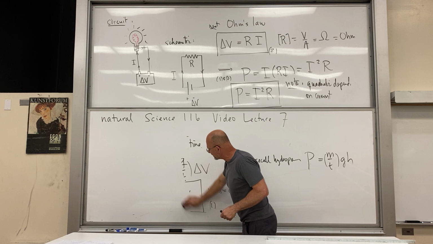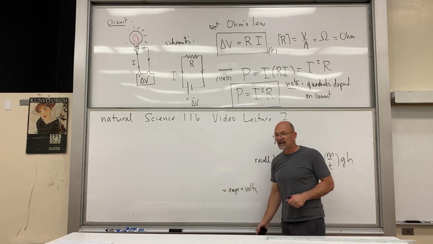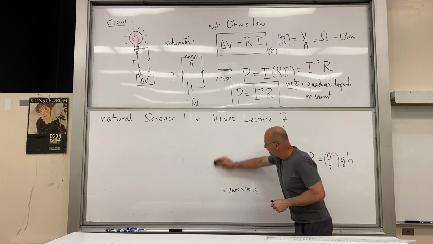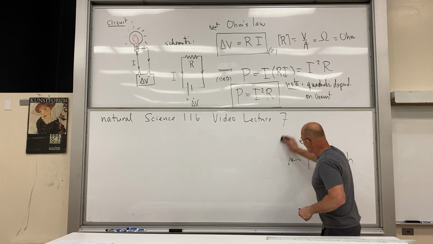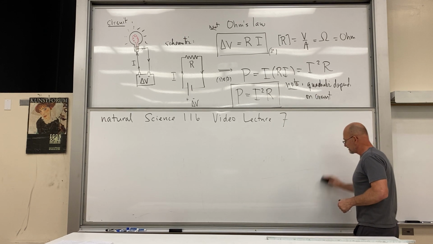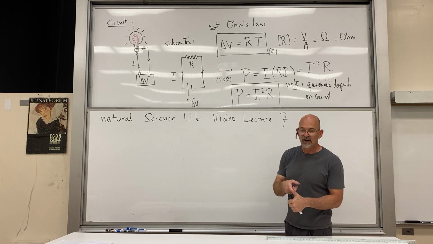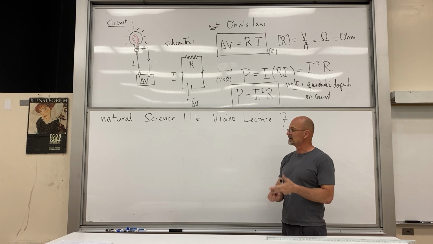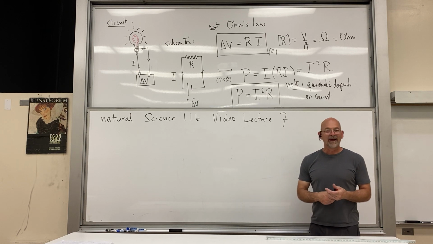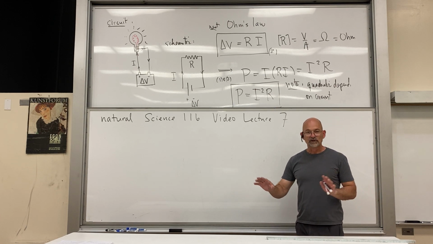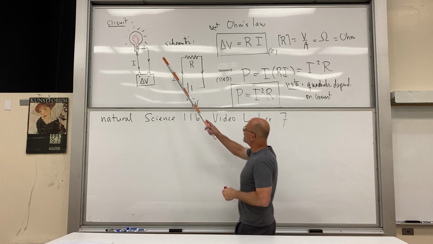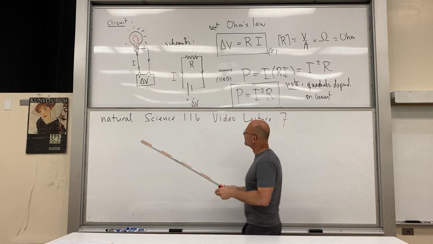We're using the light bulb as an example. Really anything in your household that's just generating heat using electricity is the subject of these laws right here. That would be the coil in your hair dryer, your curling iron generates heat, your range top generates heat. The coils in a space heater, you actually see them glow orange, they're generating heat. They're all a version of this circuit right here.